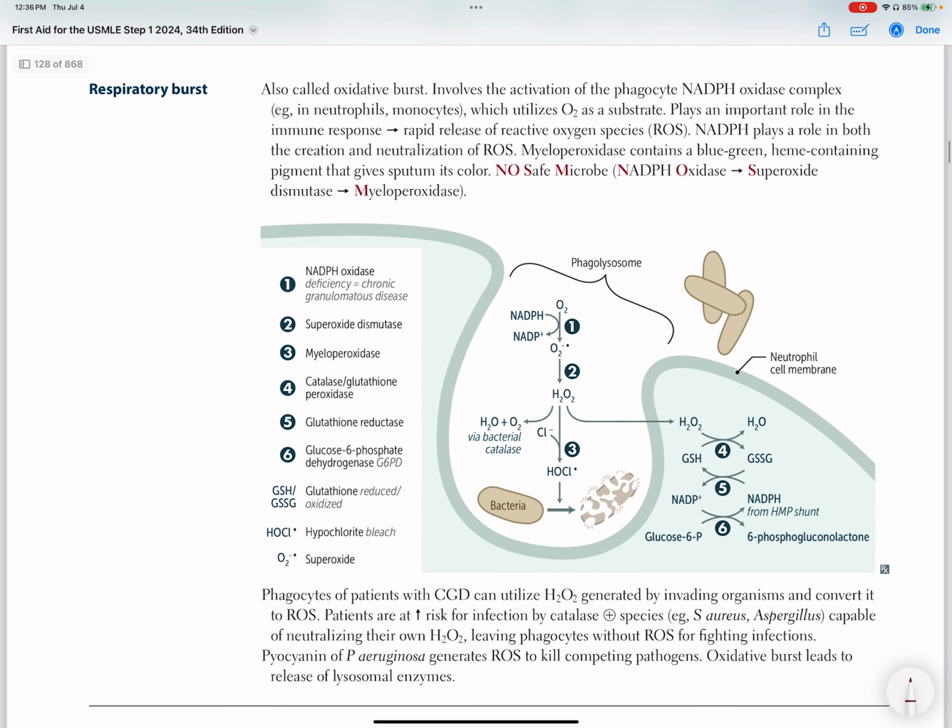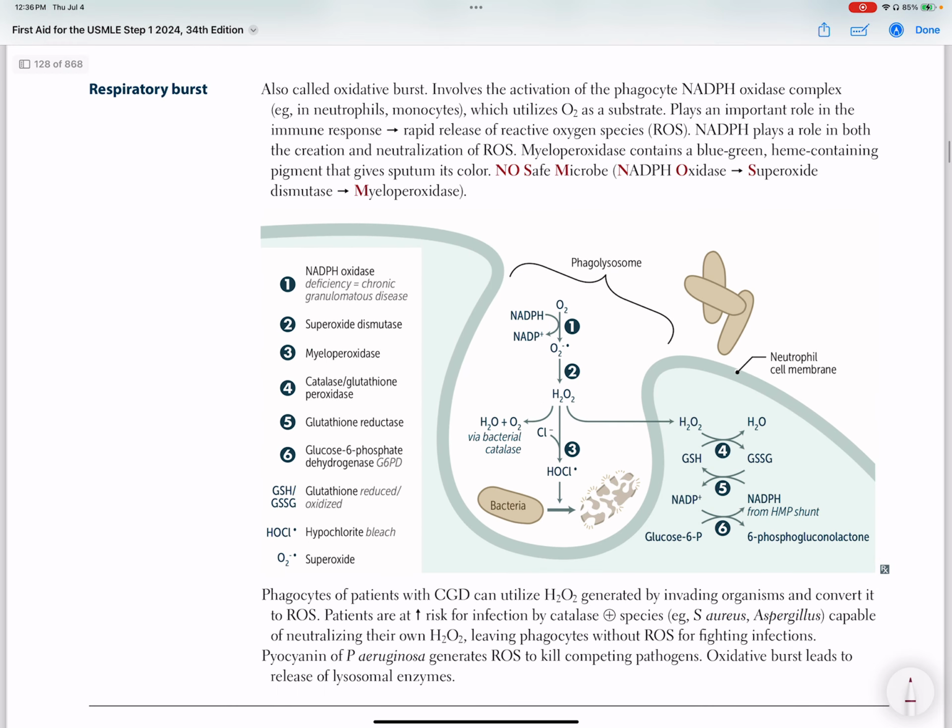Rapid release of reactive oxygen species. And then we have NADPH, which plays a role in creation and neutralization of ROS.